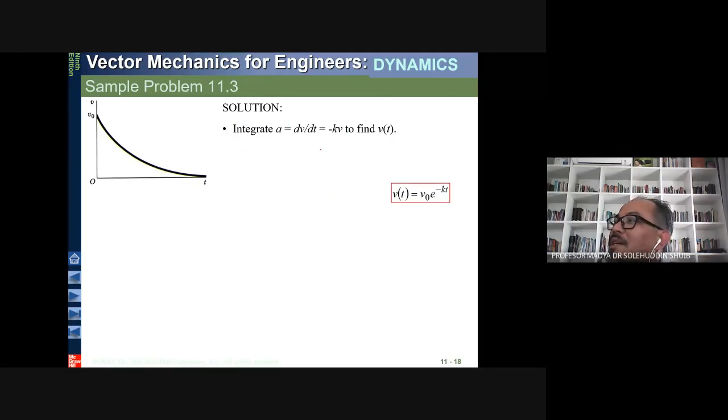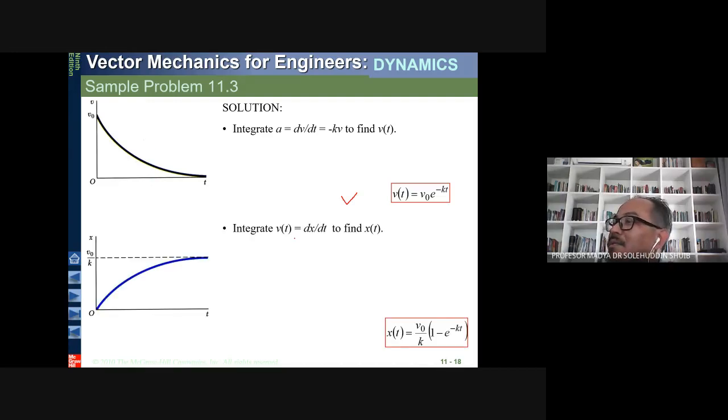You do the integration, you find v(t), and you get the answer in exponent form: velocity equals v dot times e to the power of minus kt. If you want the detailed answer, get the textbook, Beer and Johnston. In that textbook, it will give you the detailed solution of this example.